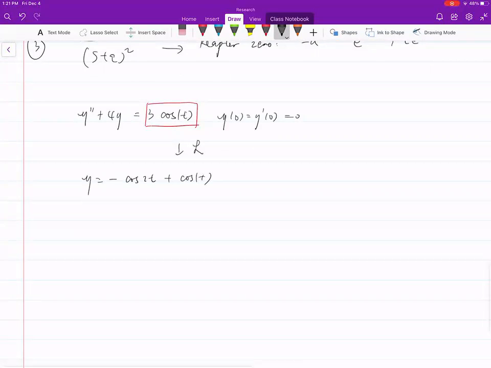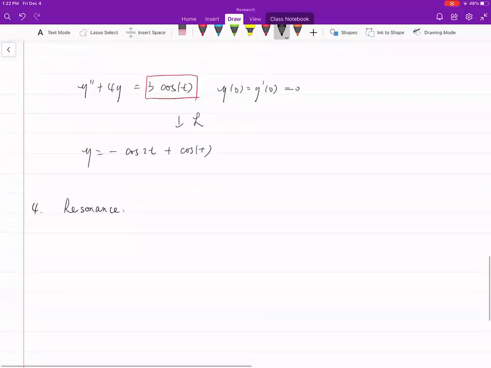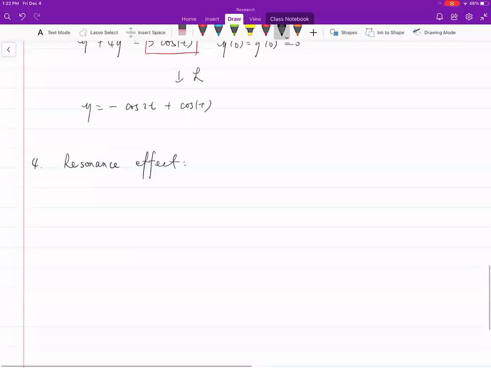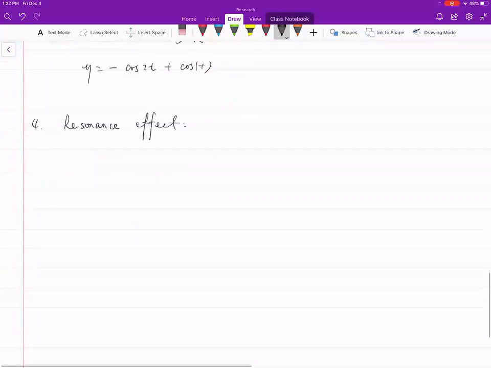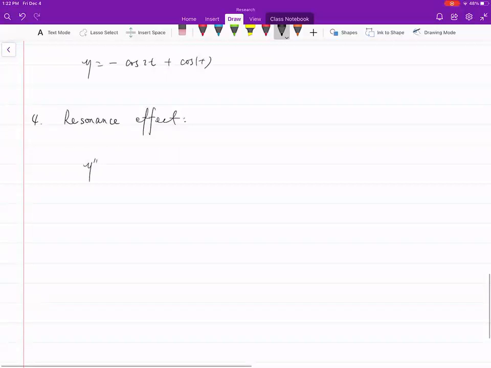Then we have the last case, which we want to talk about. Number 4, that's what we promised. What if we have some resonance effect? We all know this happens when you have y'' plus omega squared y, where omega is the natural frequency.